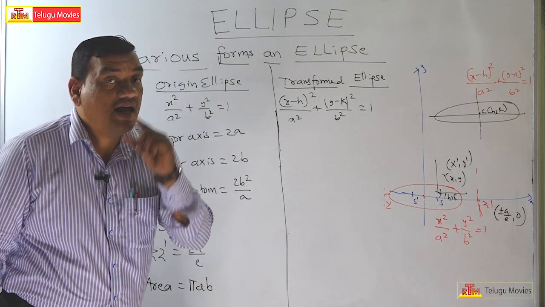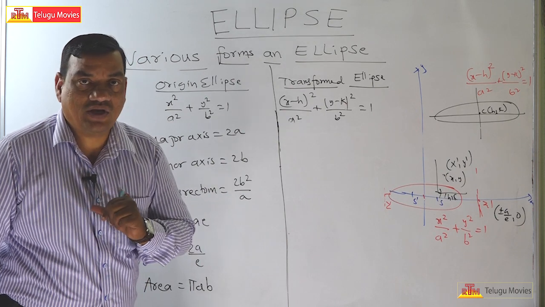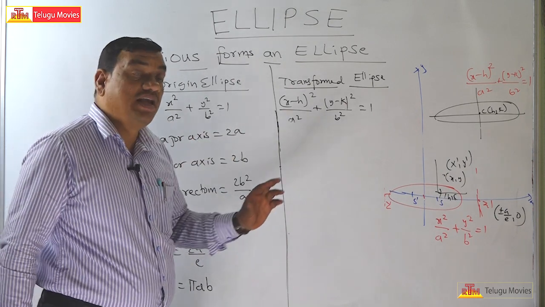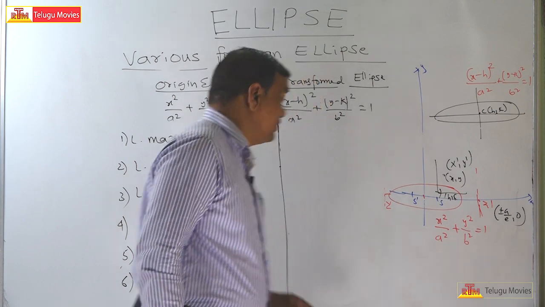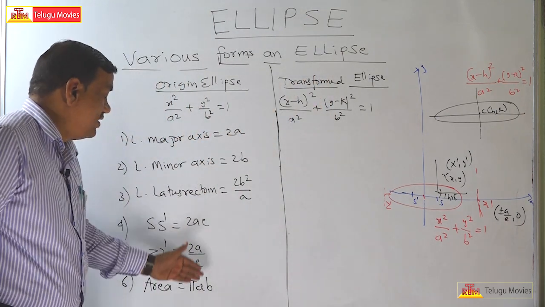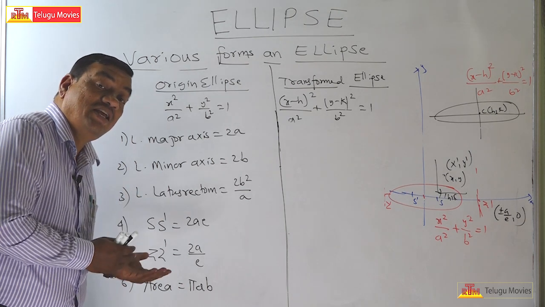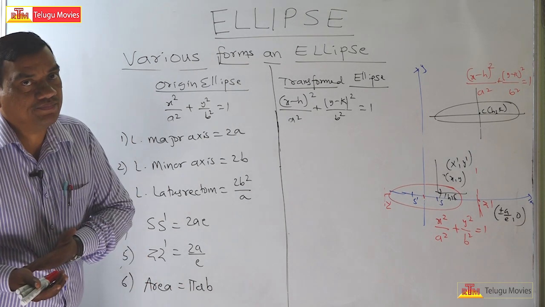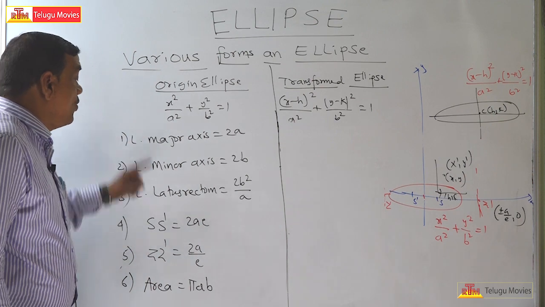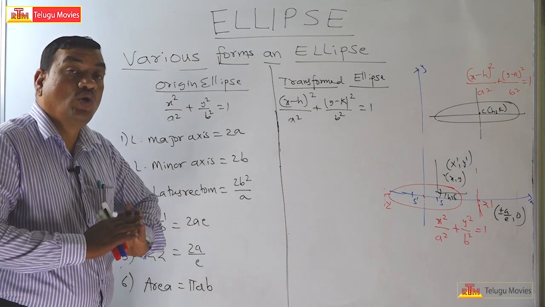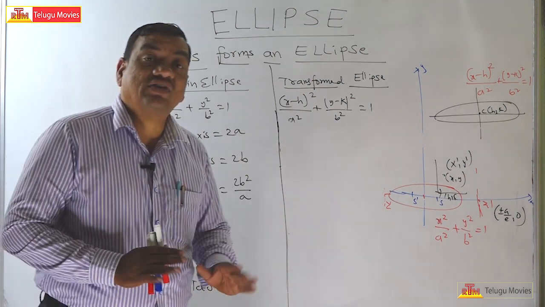What is b? Length of minor axis. So that means you are keeping a value, b value same. When a value, b value same, then automatically eccentricity also will be same. Understand? Therefore, lengths all no change.